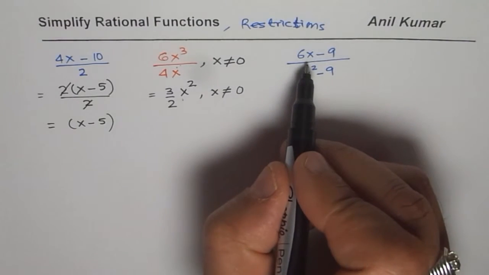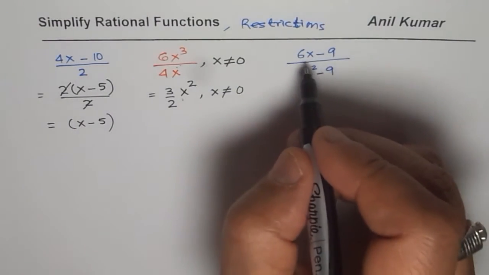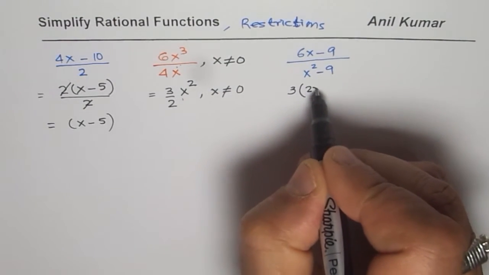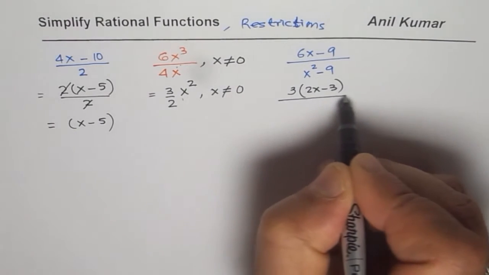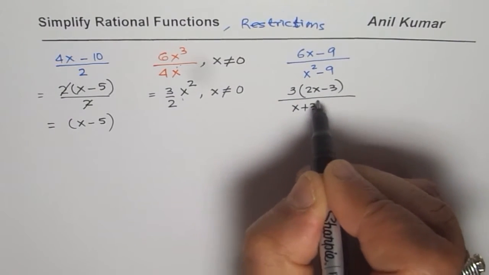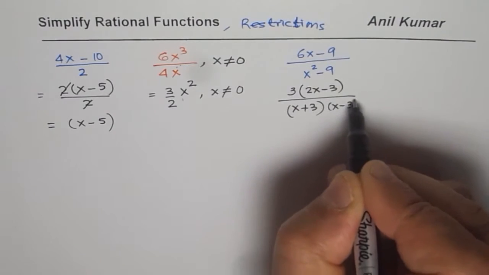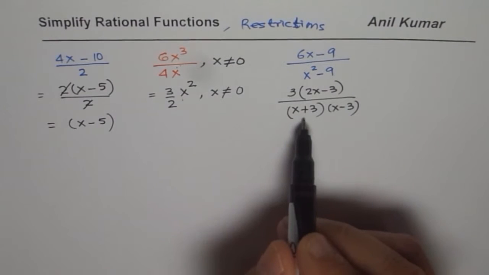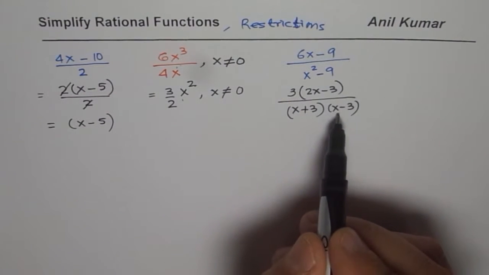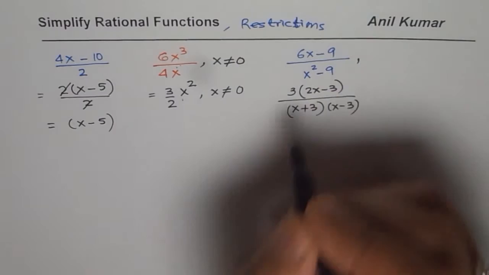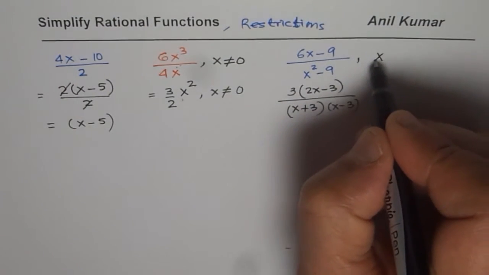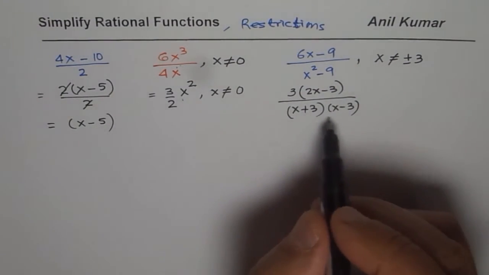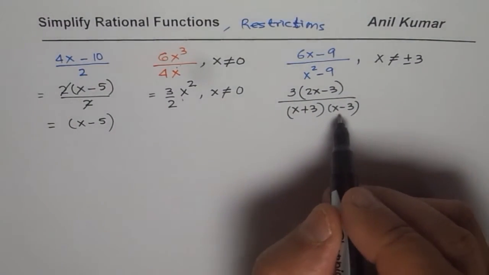We can factor 3 out from the numerator, then we get 3 times 2x minus 3, and in the denominator we get x plus 3 times x minus 3. Now this rational function, you can clearly see, the denominator will be 0 for x equals plus minus 3. Therefore, when we write this rational expression, we have to write our restrictions that x is not equal to plus and minus 3. In this case, these are the two restrictions.